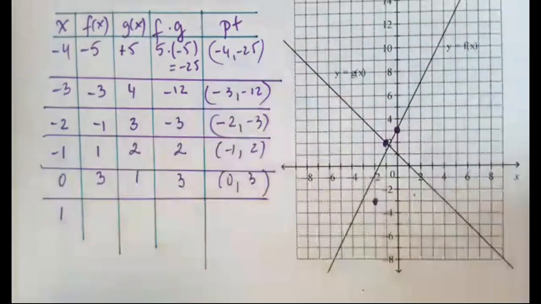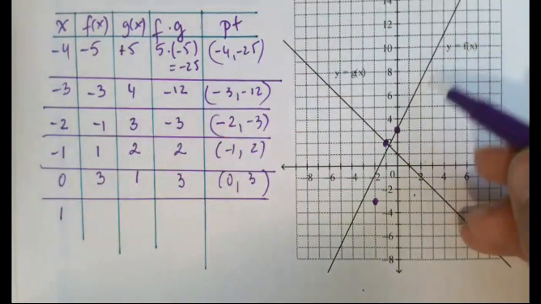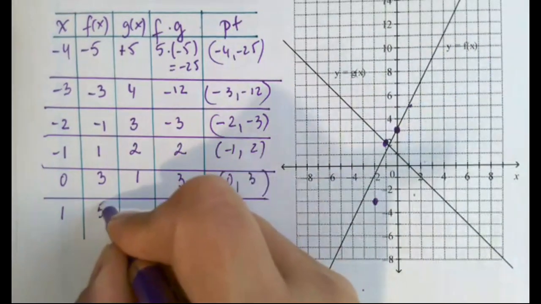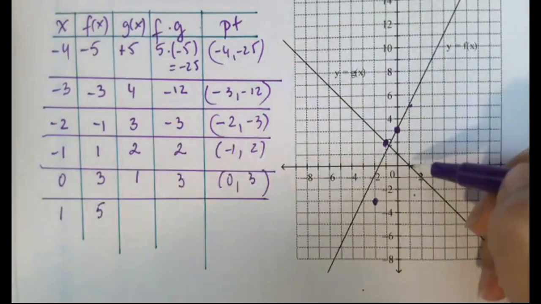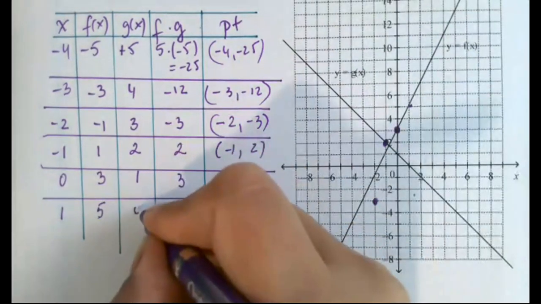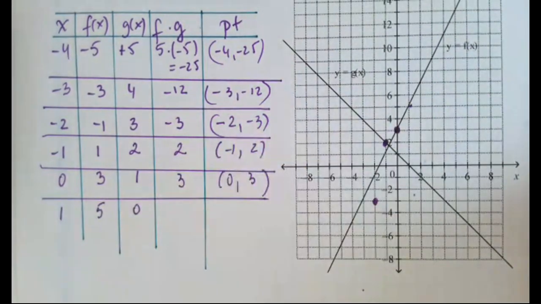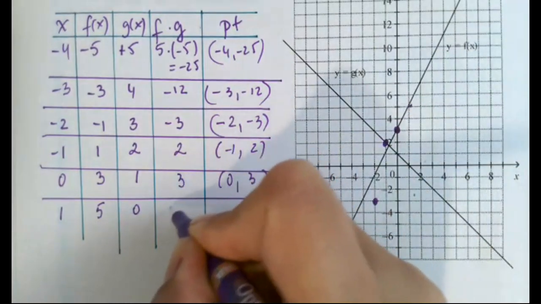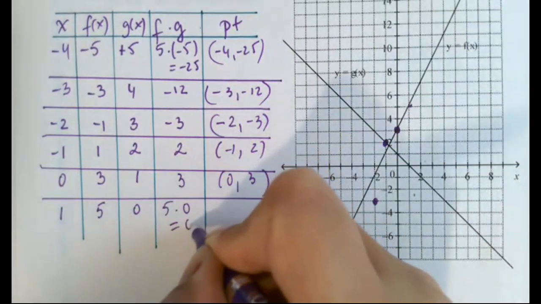One. F at 1 is 5. G at 1 is 0. So 5 times 0 is 0.